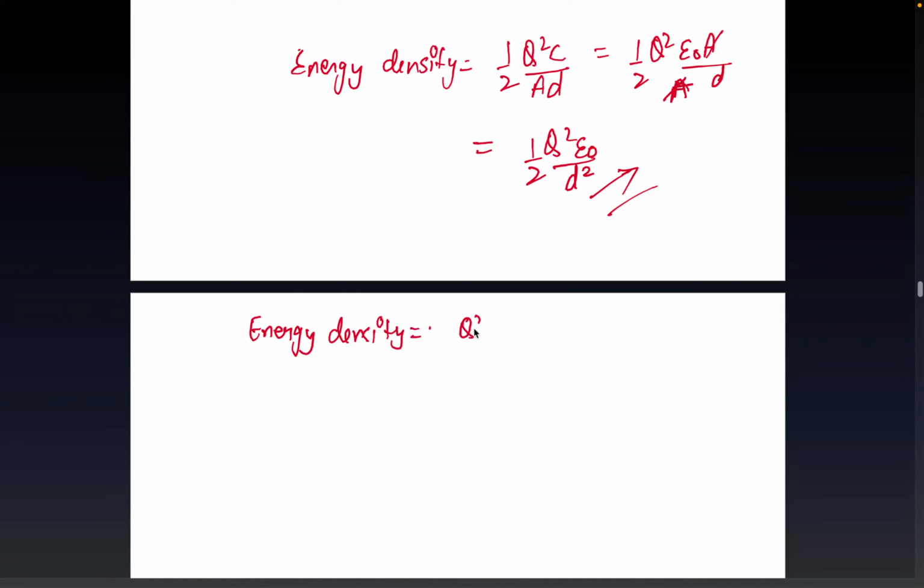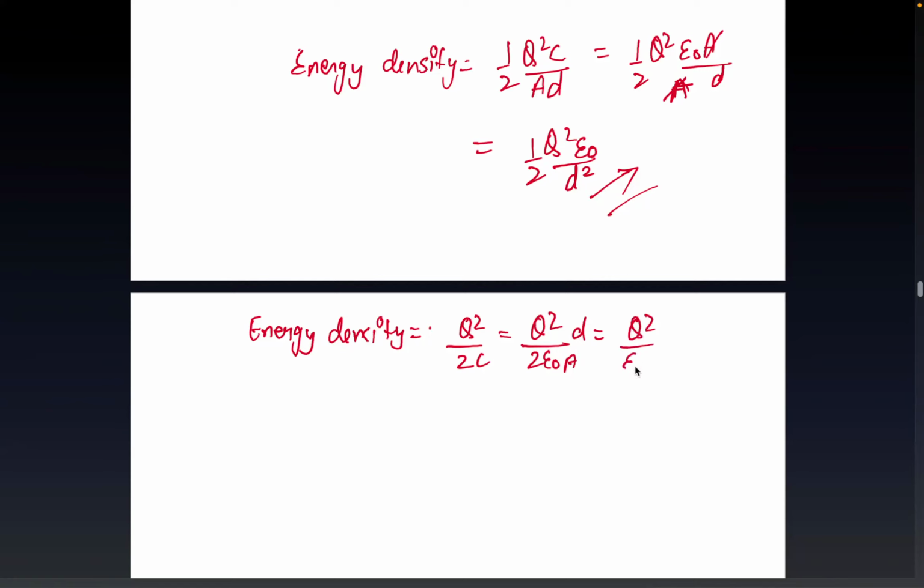That is Q square divided by 2C, right? What is C? Epsilon naught A by D, right? So that comes out as Q square D divided by 2 epsilon naught A. If I multiply and divide up and down with epsilon naught, what am I going to get?